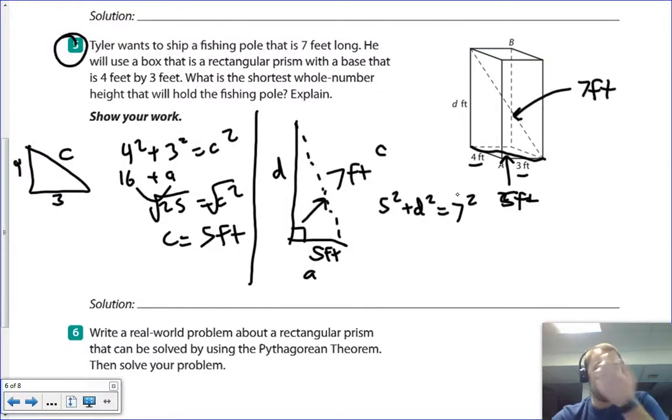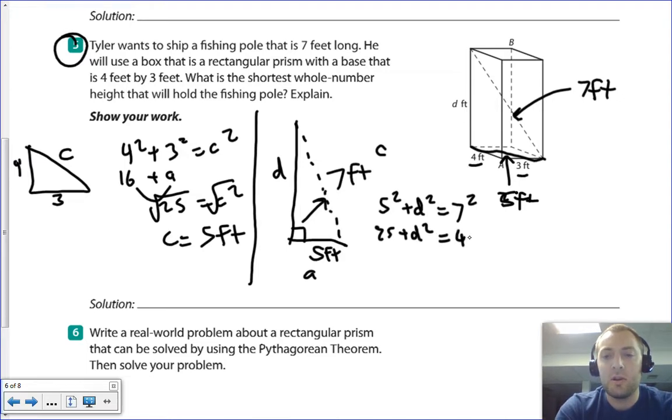I'm going to warn you, it might end up being a decimal, which is fine. We'll round it to the nearest whole number, the shortest whole number height, so we'll have to round up if anything. So 25 plus D squared equals 49, minus 25.